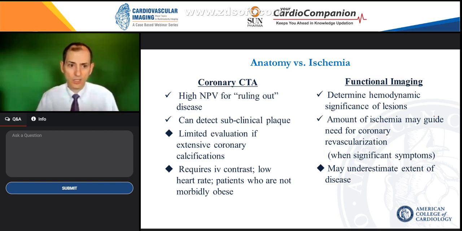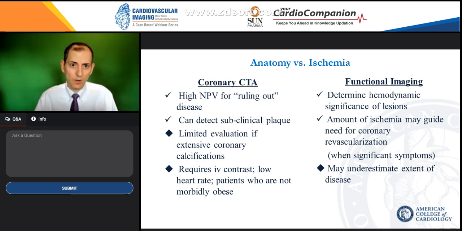CTA, I think for a long time, we know is very good at ruling out disease. In fact, not just stenosis, but plaque, and it can detect subclinical plaque. Functional testing, on the other hand, can really tell us if there's ischemia. And we know that despite the ISCHEMIA trial, when patients have significant symptoms, we may also want to think about revascularization. I would say driven more so by symptoms now than anything else.